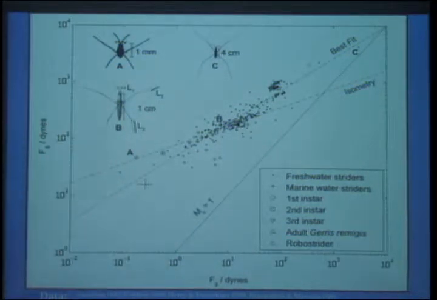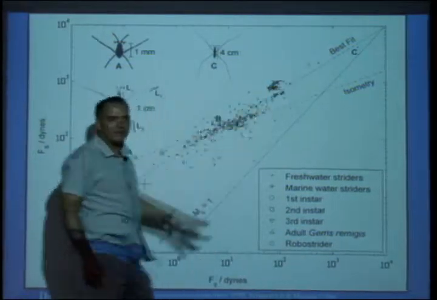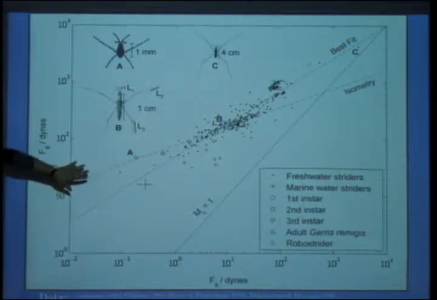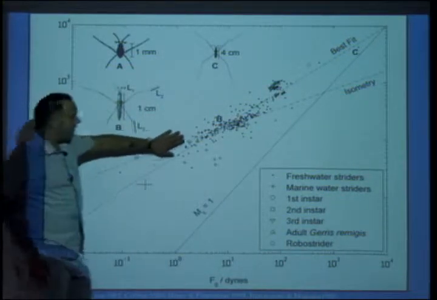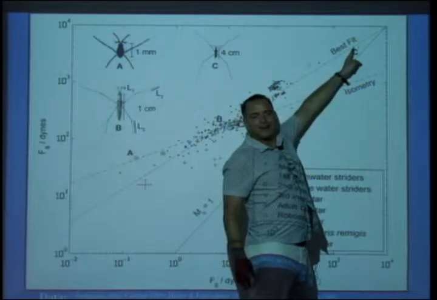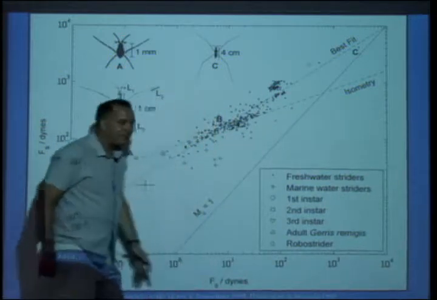Basically, if they're going to stay above the surface, they have to be above this line. You can see that they're very safely above the line when they're small, but as they get bigger and bigger, they get close to the edge. And this is basically the limit, the Vietnamese water strider, which is very close to the edge.